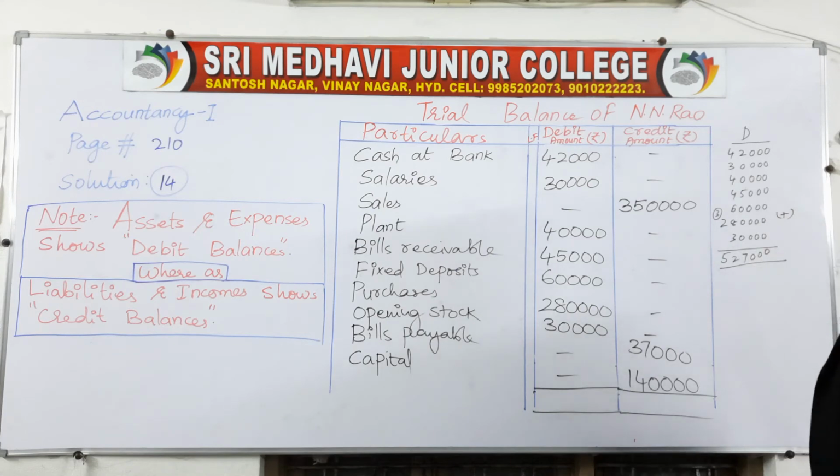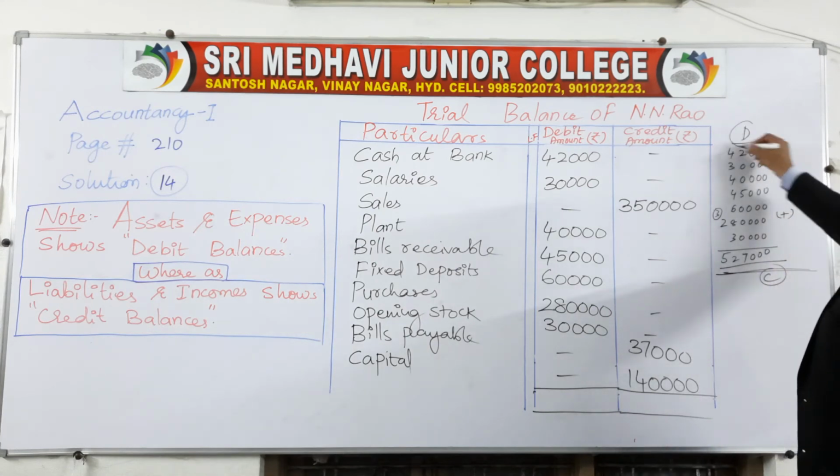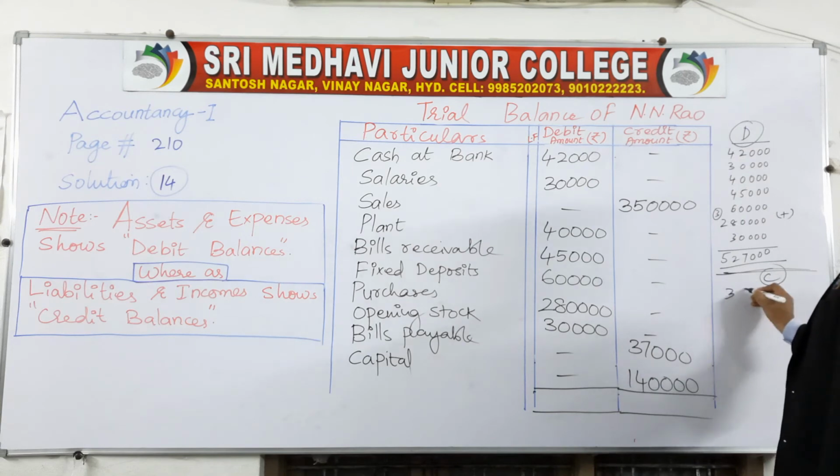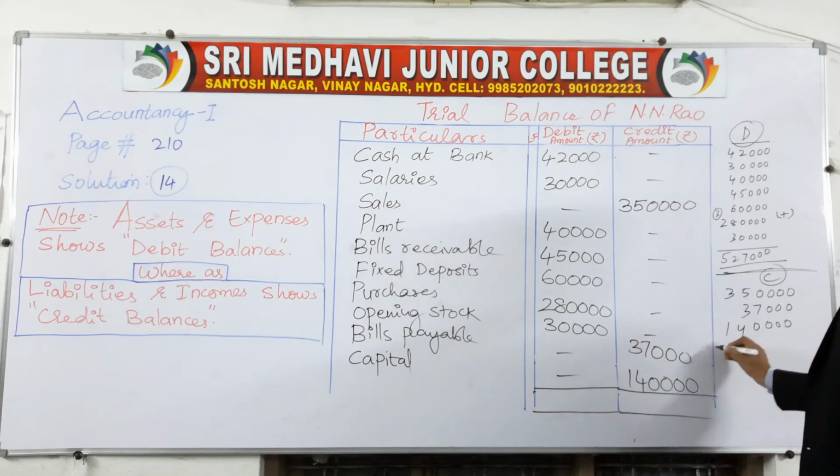And what about the credit side? This is the debit side total. Credit: 3,50,000, 37,000, 1,40,000.